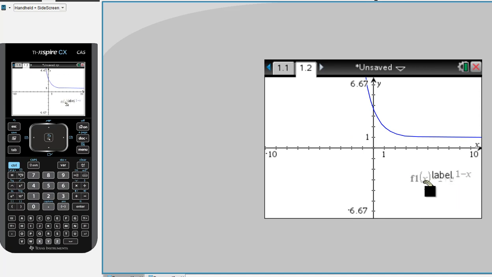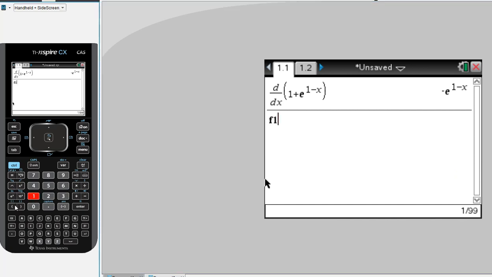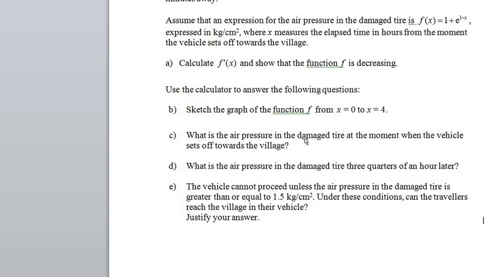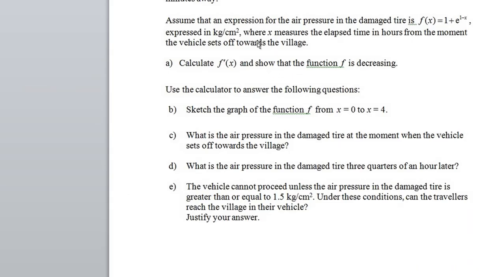Let's substitute x with 0. f1 of 0 is equal to e plus 1, that is more or less 3.7. So the air pressure would be, we can round it off to 3.72, and the unit would be kilograms per centimeter squared.